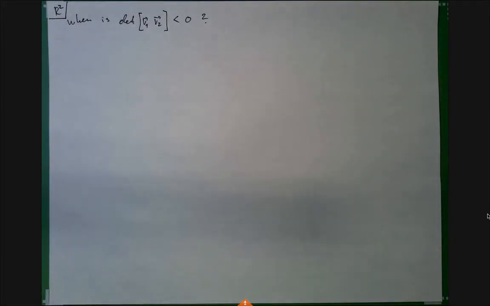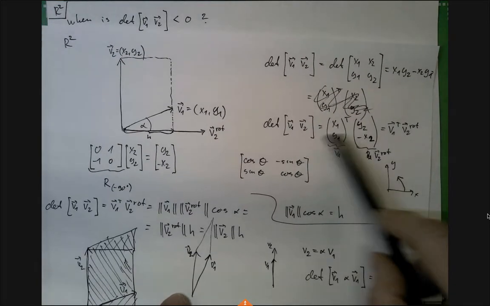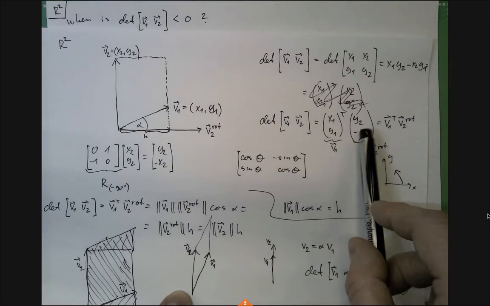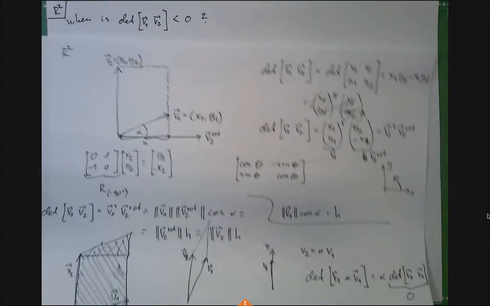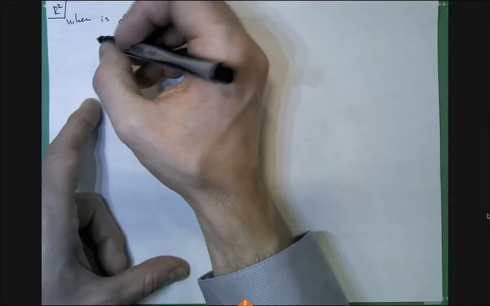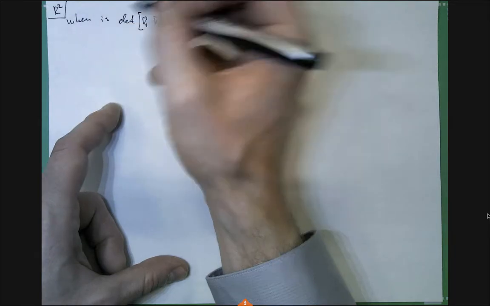Well, let's start with the dot product, right? What I have shown here is that the determinant, in 2D, is just the dot product of 2 vectors, where the second one is a rotated version of v2. I think we had it at some point, but let's recall that anyway.